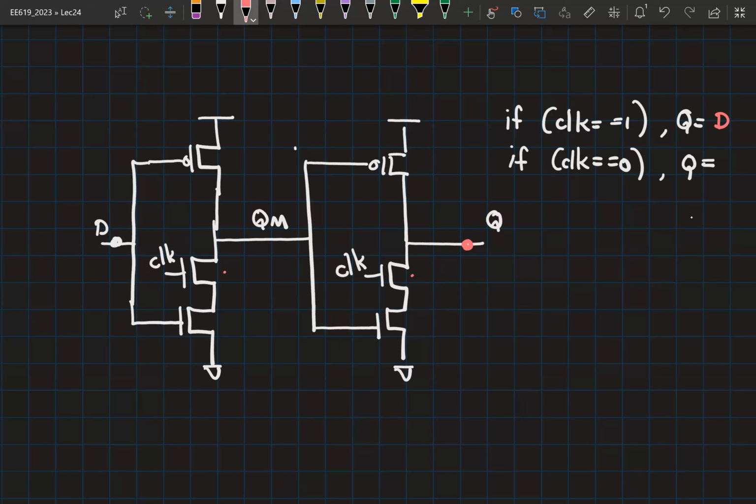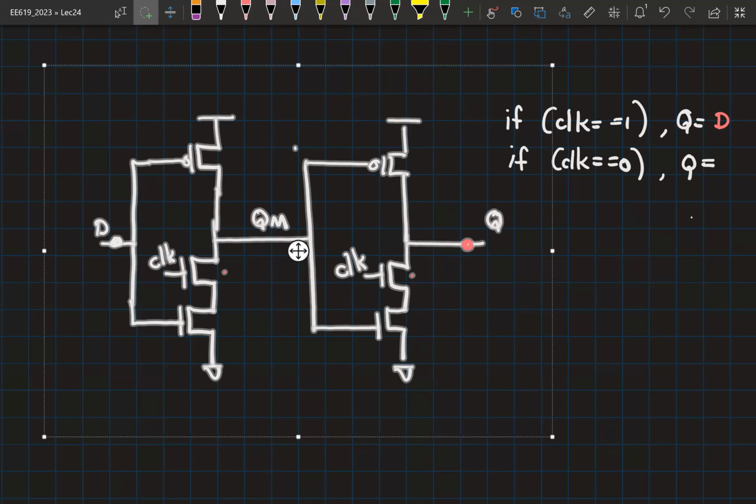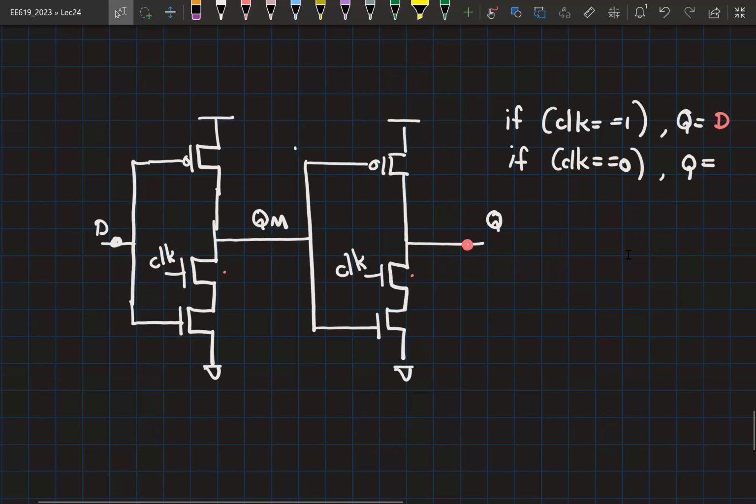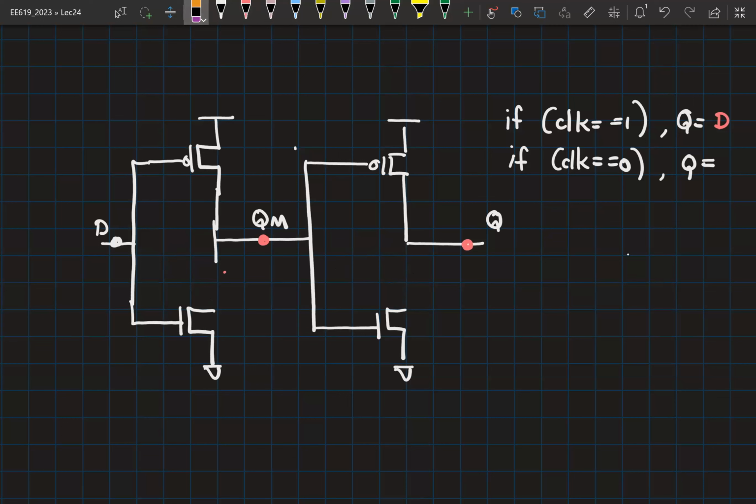So when clock is equal to 0, let's check. Let's start by looking at QM, right? So when clock is equal to 0, this transistor is not in the picture. This transistor is also not in the picture. So QM can go from 1 to 0. Why? Because it only has a pull-up path.